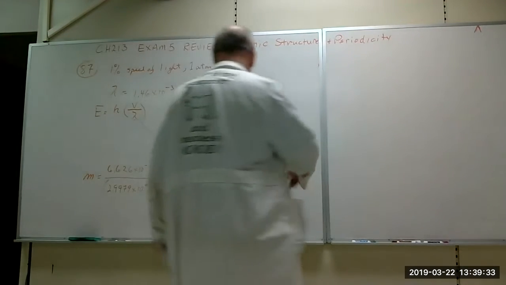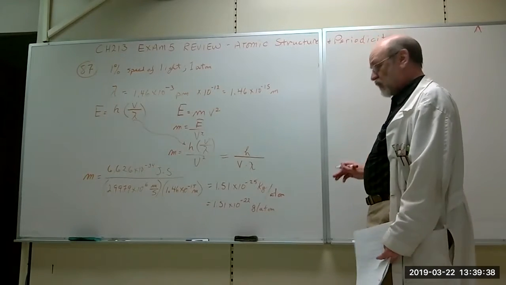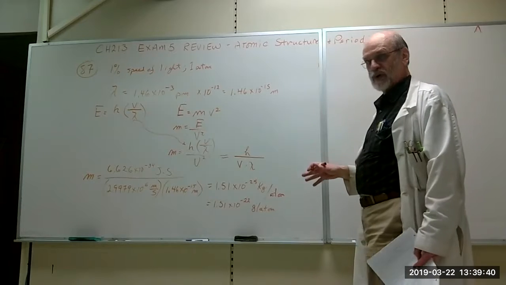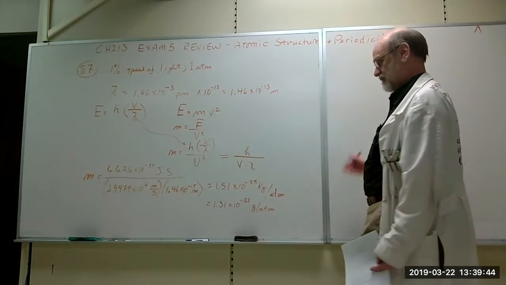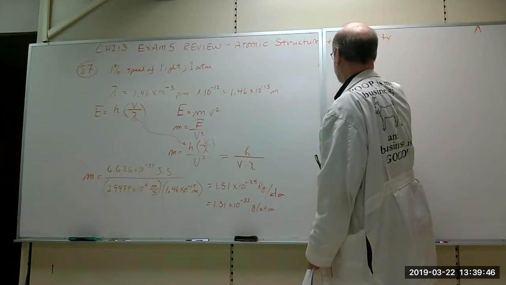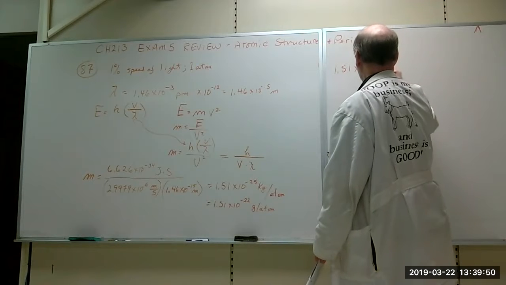Okay, so this is grams per atom. We're just doing some dimensional analysis now. We want grams per mole. We know how much it is for one atom, so how much is it for a mole of atoms? Minus 22 grams per atom.